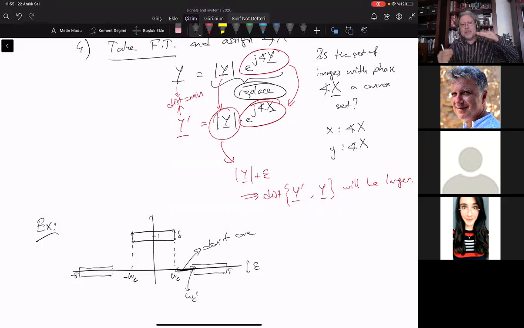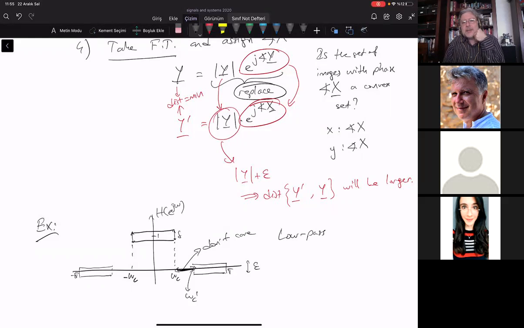Okay, 1 minus delta over 2 to 1 plus delta over 2 kind of thing is necessary. And after omega c prime, it must be less than epsilon over 2 in magnitude. Okay, the filter response H of j omega. So it must be stopping high frequencies. This is a low pass filter.